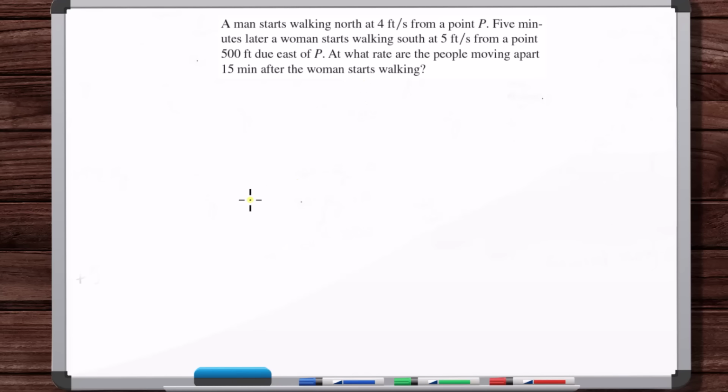Okay. We've got point P, and this is 500 feet. The woman starts walking south. The man is walking north.